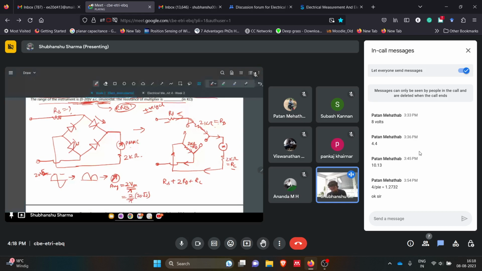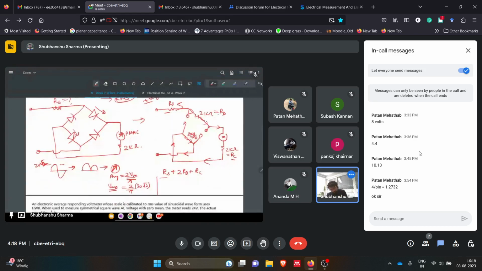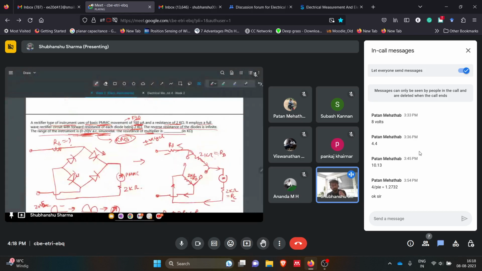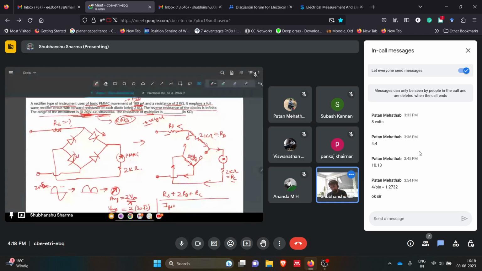So this is V average. Now we also have the full scale deflection of this instrument, given in the question. IFSD, because we have to find RS such that if we give this much voltage input to this circuit, there will be a full scale deflection.